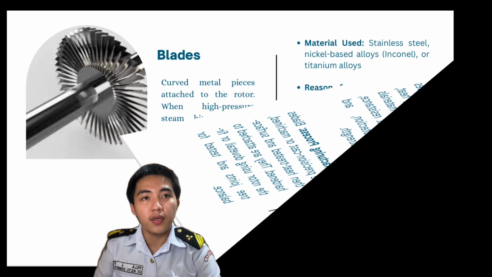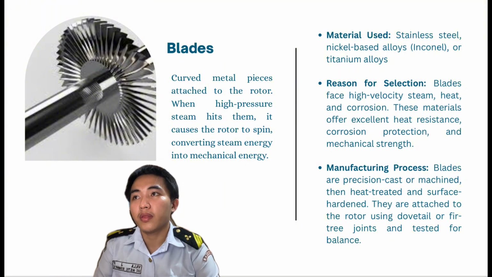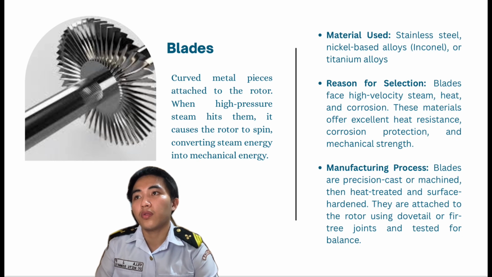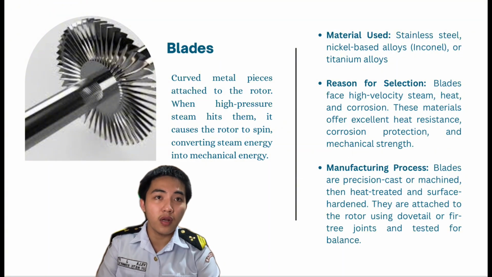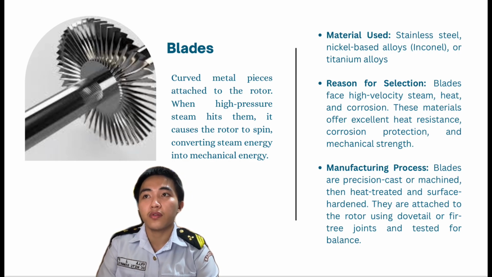Number 3, blades. Curved metal pieces attached to the rotor. When high pressure steam hits them, it causes the rotor to spin, converting steam energy into mechanical energy. Material we use: stainless steel, nickel-based alloys, or titanium alloys. Reason for selection: blades face high velocity steam, heat, and corrosion.